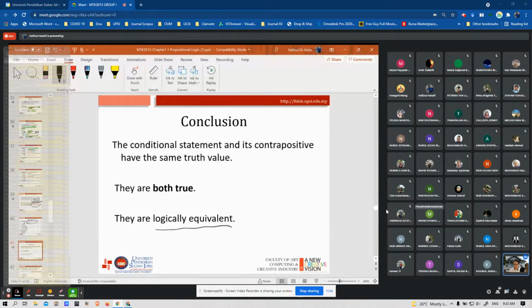I have explained what logically equivalent means: they have the same truth value for all possible combinations of truth values for all variables in the two expressions.